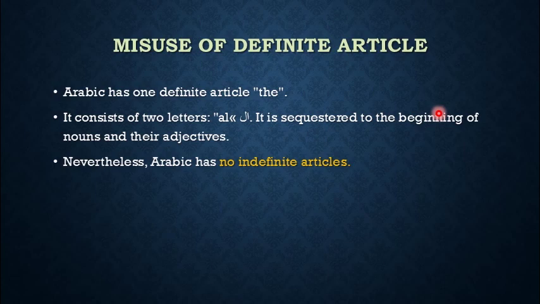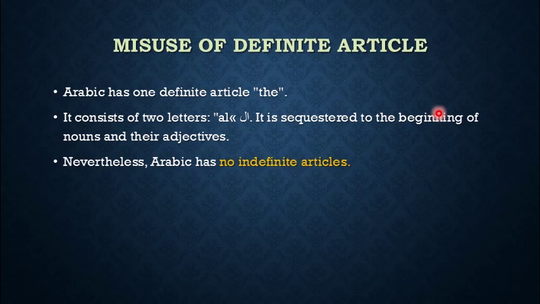So we have either an article or no article. This is in Arabic, either walad or al-walad. There is no equivalent to the indefinite article. However, in English we could have a, an as indefinite articles, and the as a definite article, or zero article.